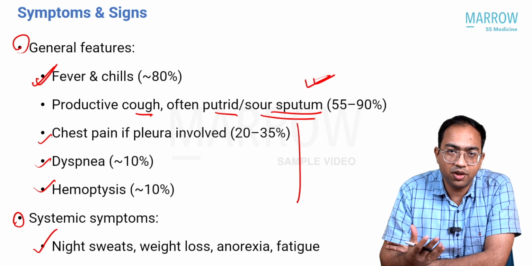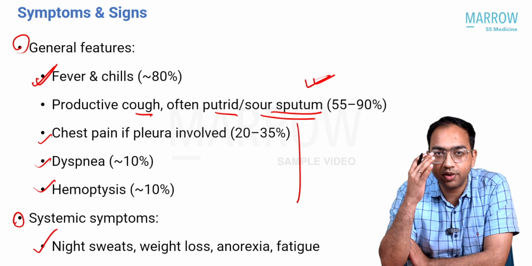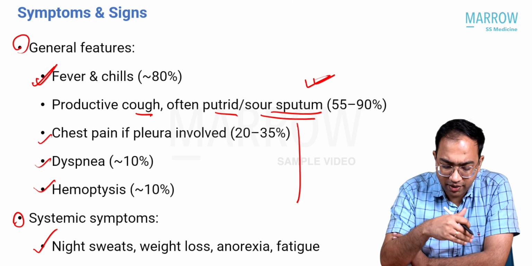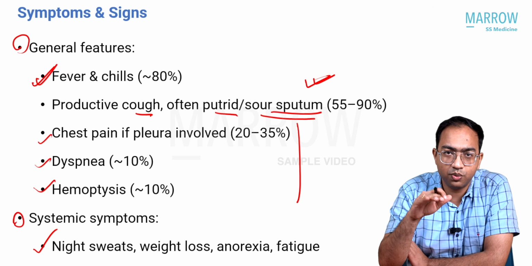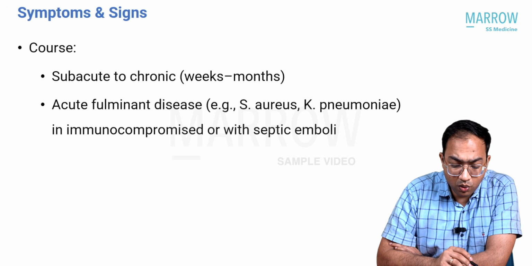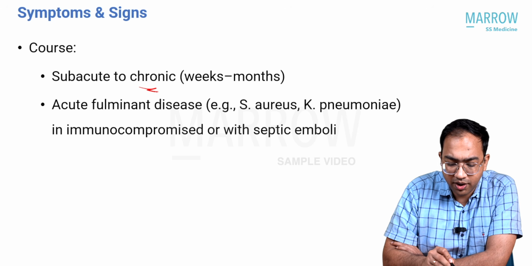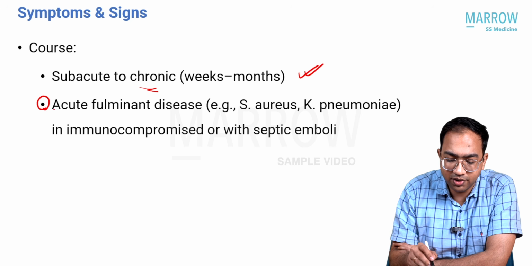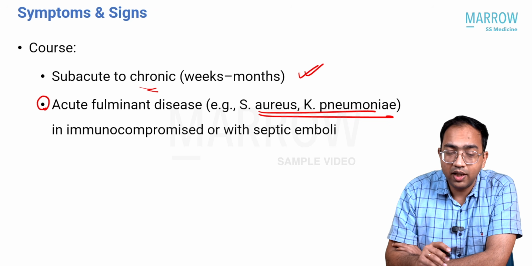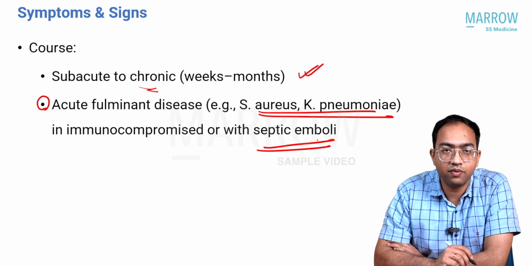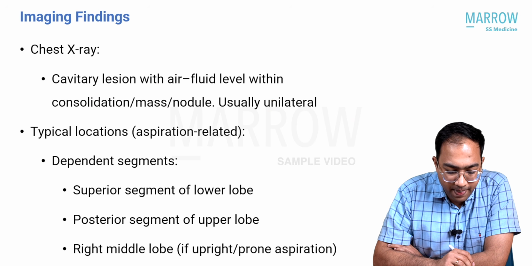But if it's a subacute presentation, say an immunocompromised person with fungal infection, Nocardia, TB, they would have all these features, including weight loss, night sweats, etc. The course is generally subacute to chronic for most of the causes, but acute fulminant disease is also possible, especially with agents of necrotizing pneumonia and when associated with septic embolization.